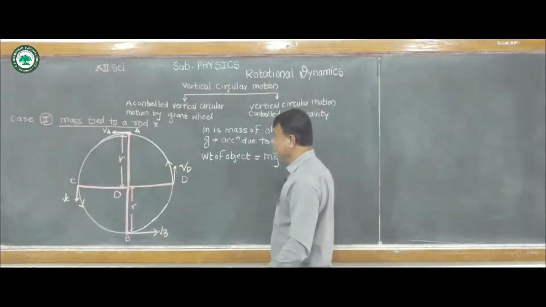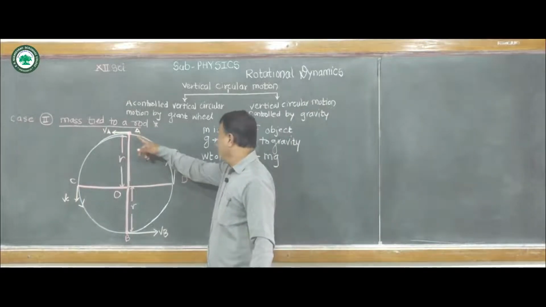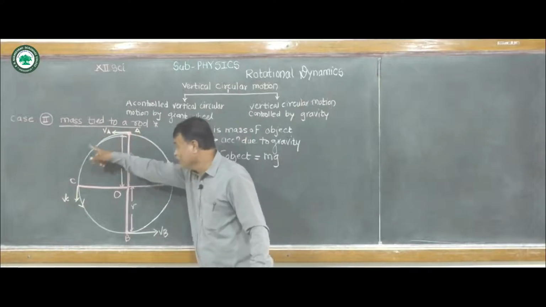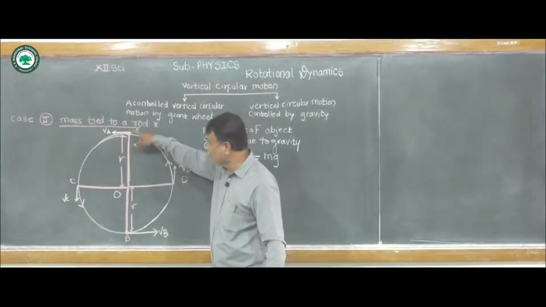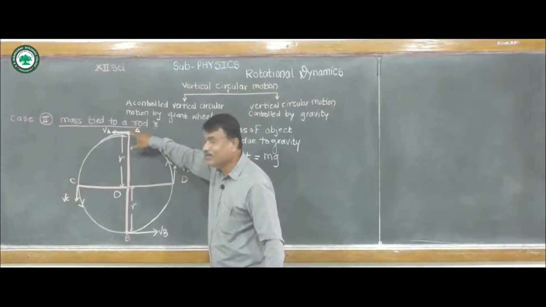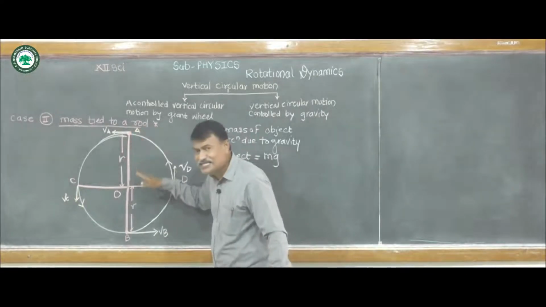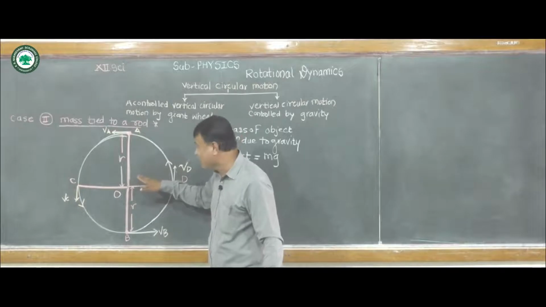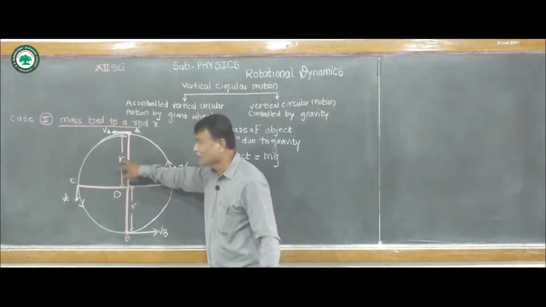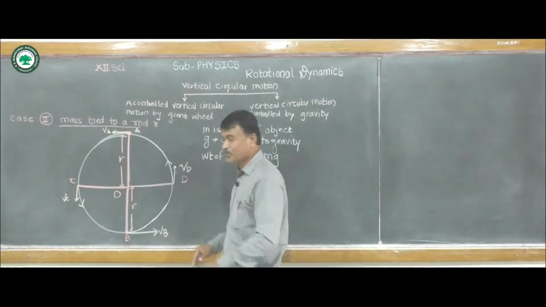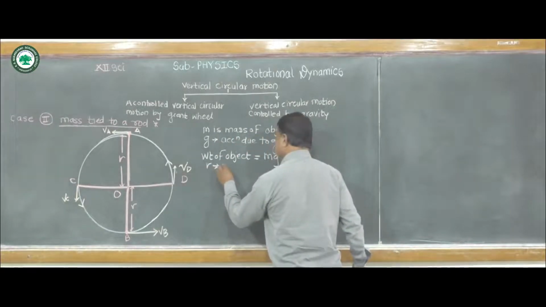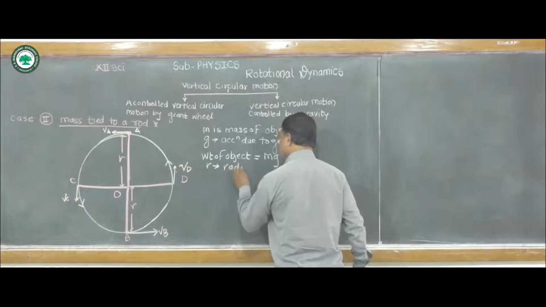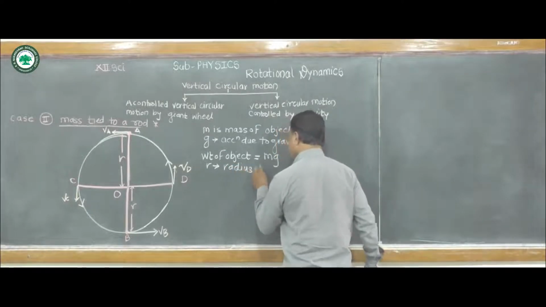Now when this point mass whirls in a vertical circular motion, in that case this point mass is tied to the one end of the rod. This rod is rigid and massless, whose length is equal to small r. So we write here small r is the radius of vertical circle.